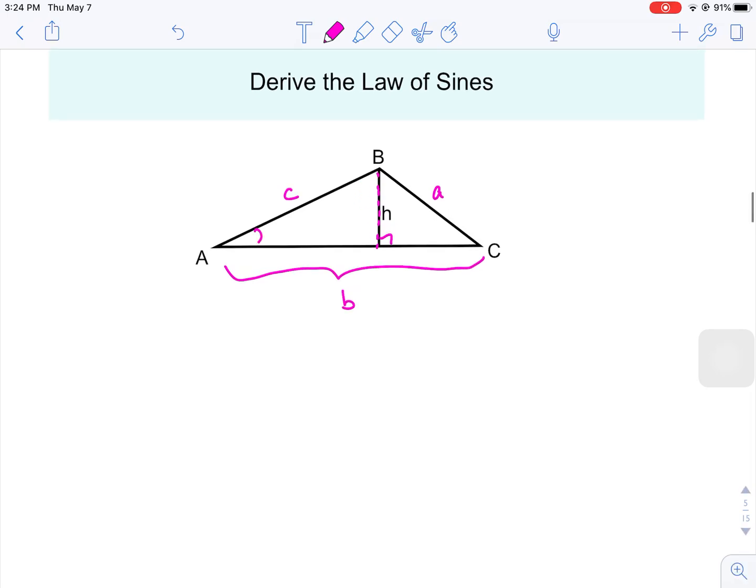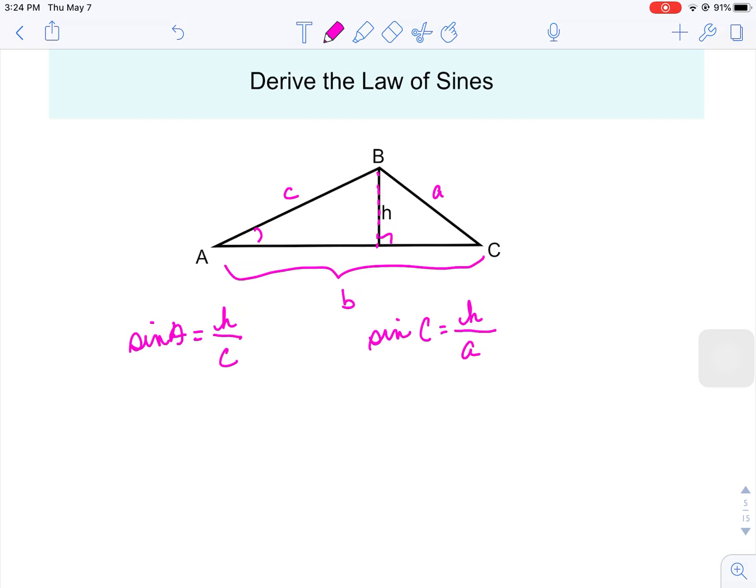So looking at angle A, I know that the sine of A is going to be the opposite over the hypotenuse. My opposite is H, my hypotenuse is C. And now looking at angle C, sine of C equals my height, H, opposite, over A.